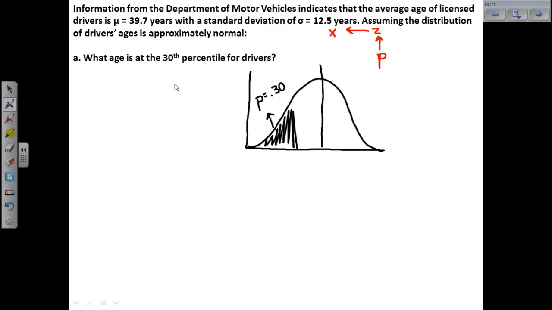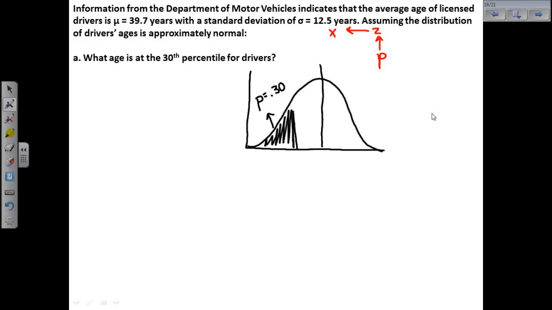So remember, percentile tells you, if we're interested in which age represents the bottom 30% of the distribution, or what age represents an age that is equal to or above 30% of the scores, or that separates the bottom 30% of the distribution from the top 70% of the distribution.